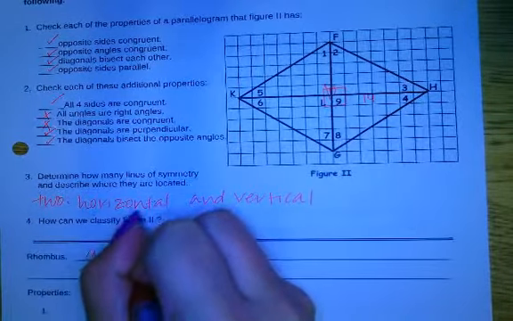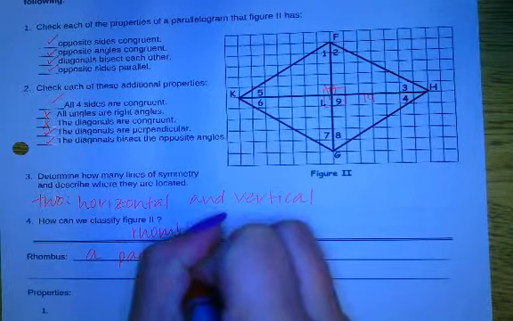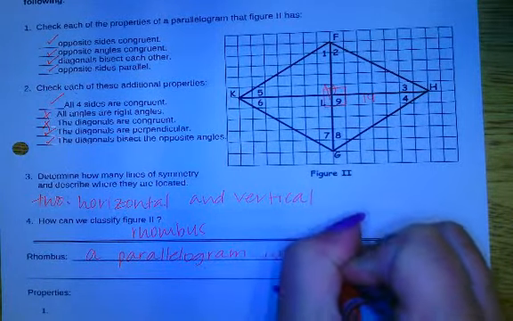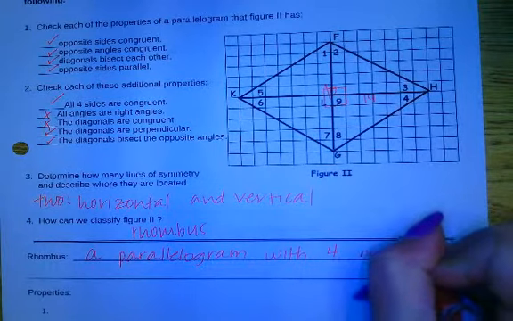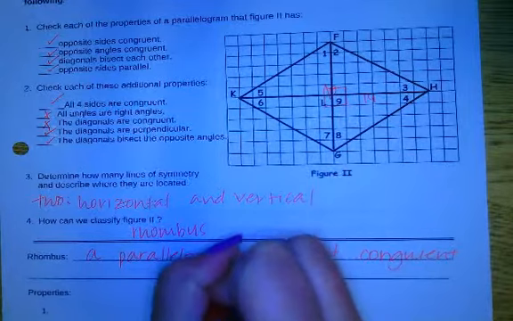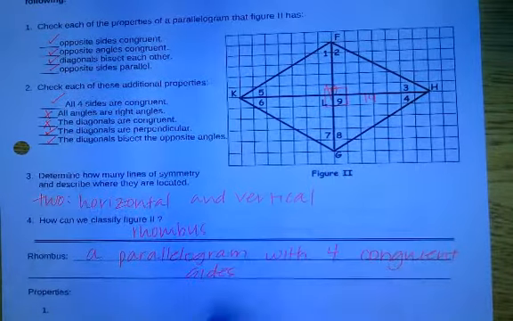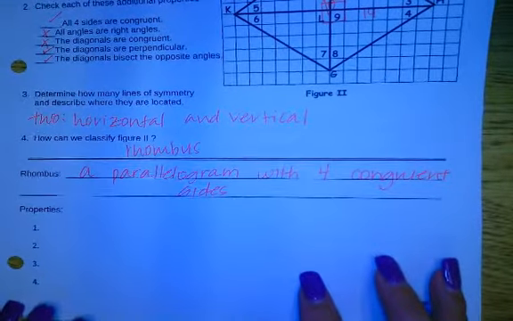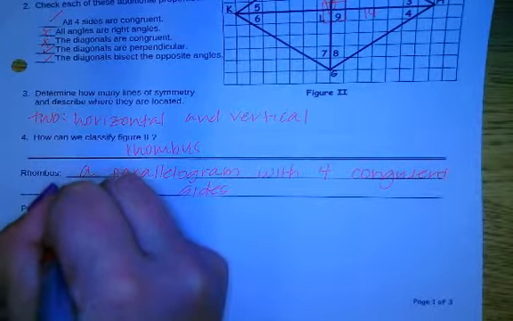The definition of a rhombus is a parallelogram with 4 congruent sides. And our properties. Number 1, all sides are congruent.